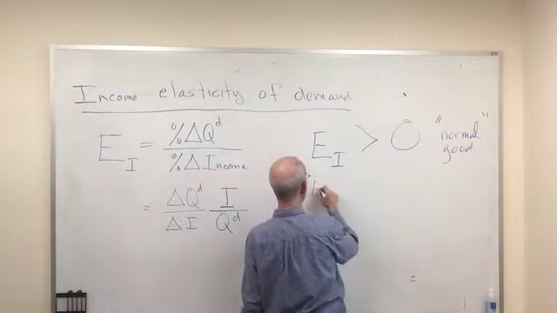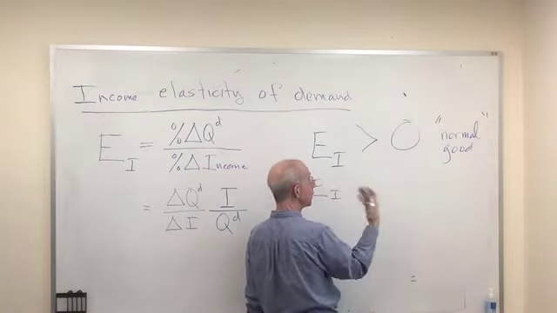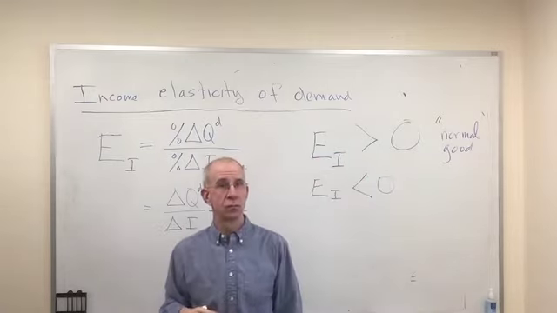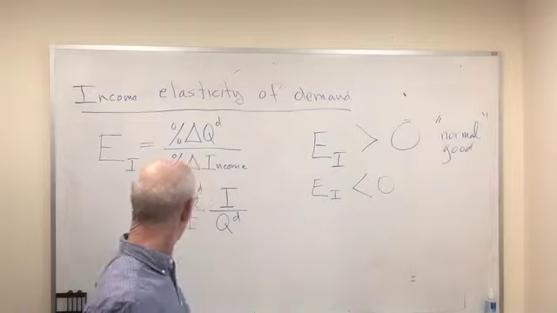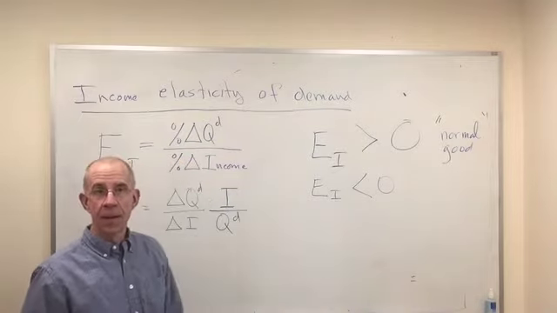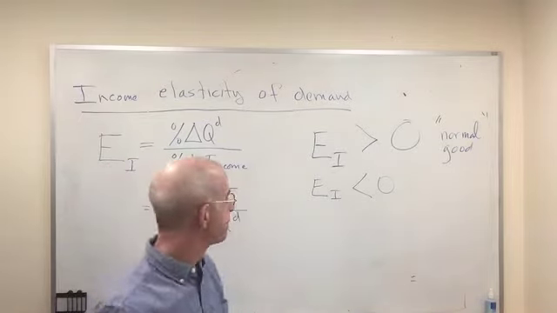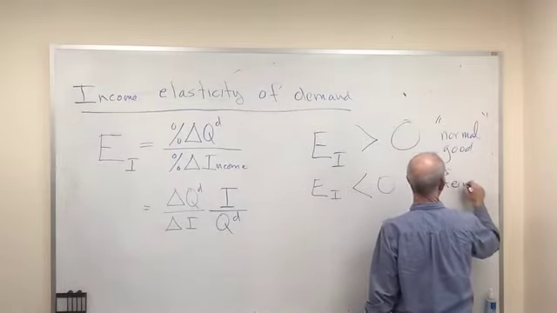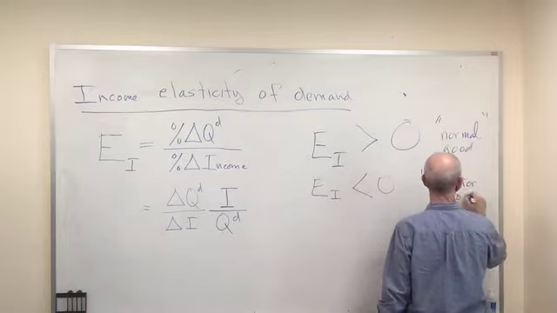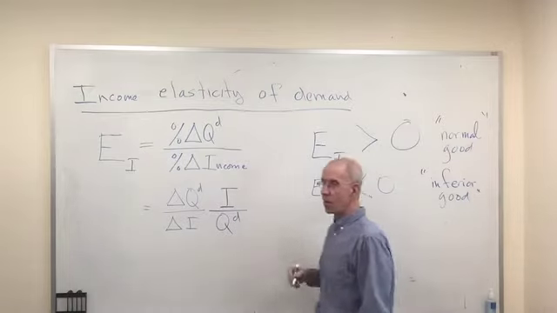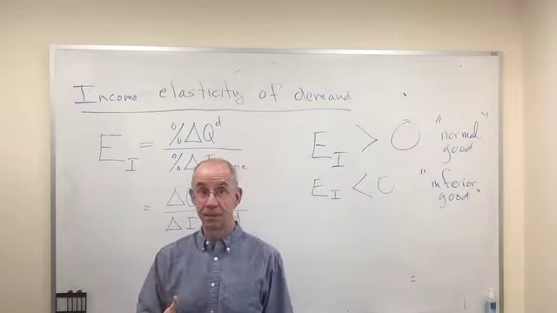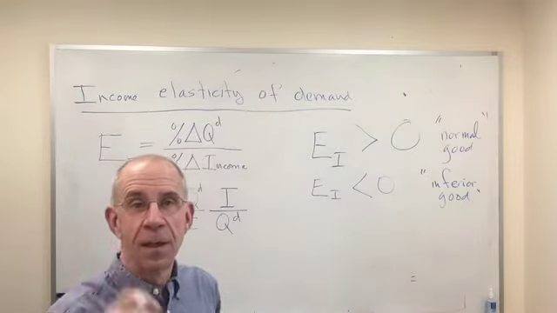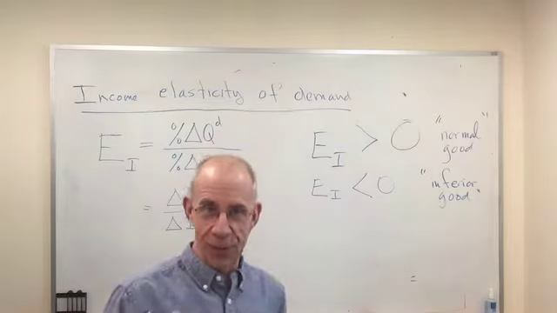There could be some products where as your income goes up, you actually want less of it, where this part is negative. That's what we call an inferior good, which means that you give me more income, I'm not going to eat ramen noodles anymore.